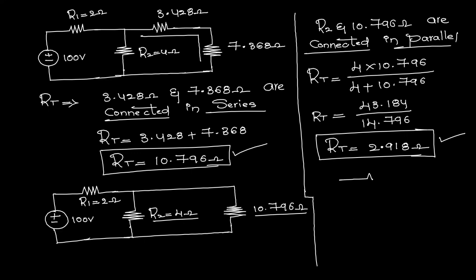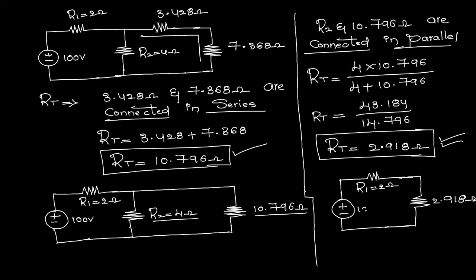Now again I am going to replace this total resistance in the actual network. Now see here, again I am redrawing this given network. So this one R1 is equal to 2 ohms, and instead of this parallel combination I am replacing it with this value, that is 2.918 ohms. Now this one is V is equal to 100 volts. Now R1 and 2.918 both are connected in series.